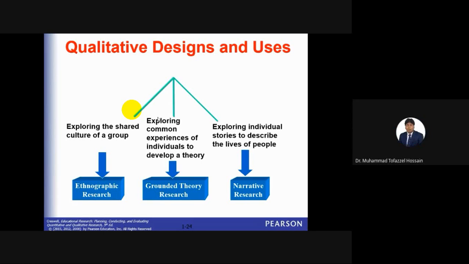So by reading a single story, a single narration, you can make a generalization. You can explore life in a different way. That is the purpose of narrative research. You are narrating a story to change the point of view of people, through the experience of other people.